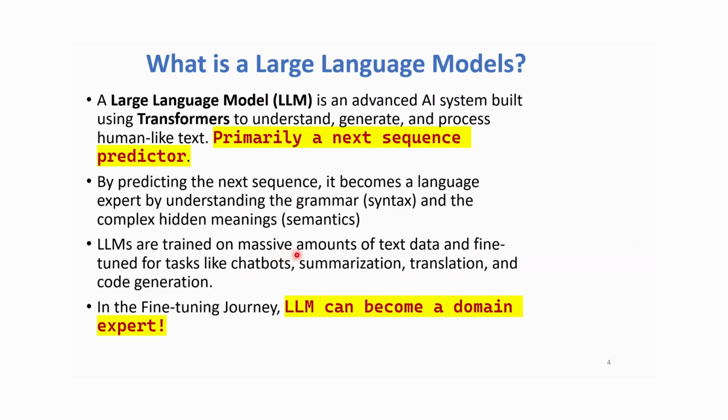So, hope I made the point. When this capability is built into a large language model, then on top of that we can build a number of applications. That is the fine tuning that we talked about earlier.